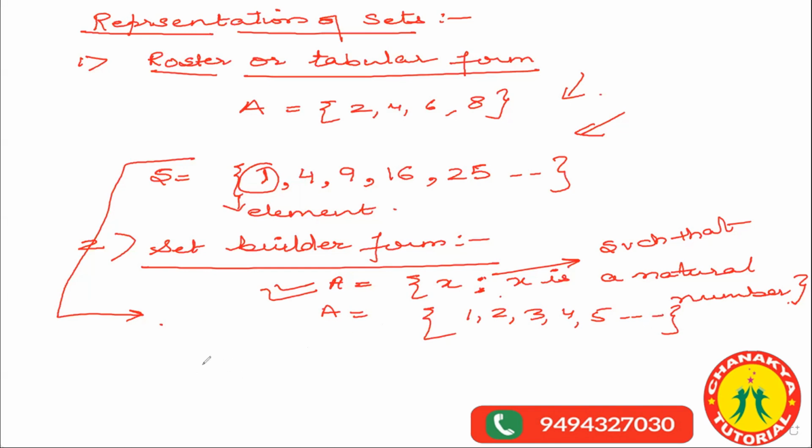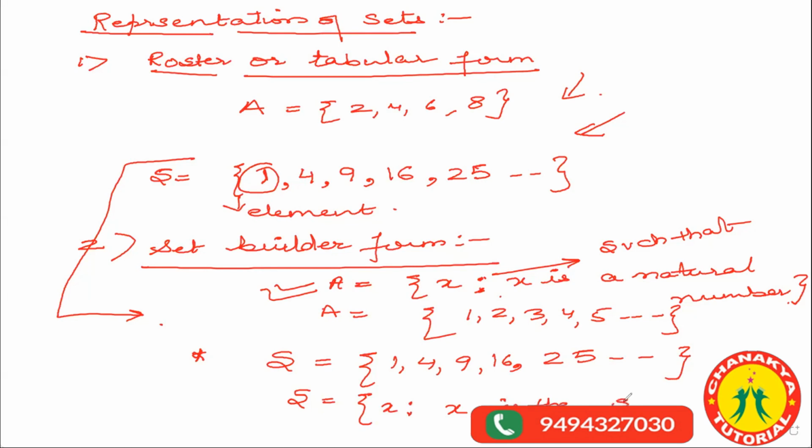Suppose I'm writing a set S is equal to {1, 4, 9, 16, 25}. And children, I have to convert this roster form into set builder form. You will write it as x such that x is the square of a natural number.